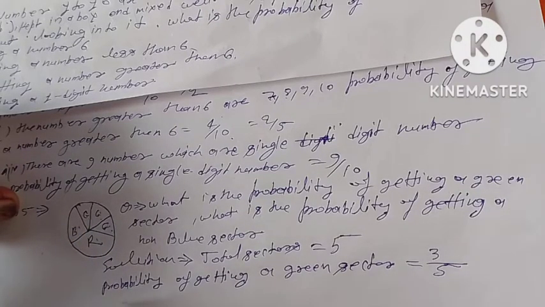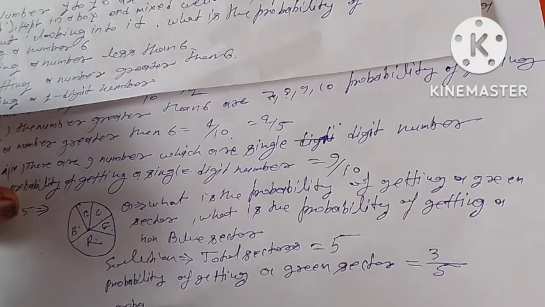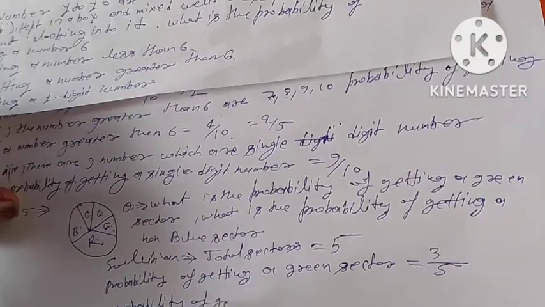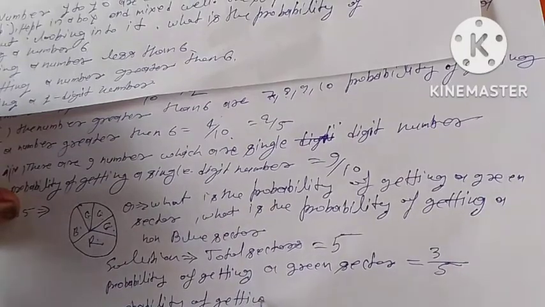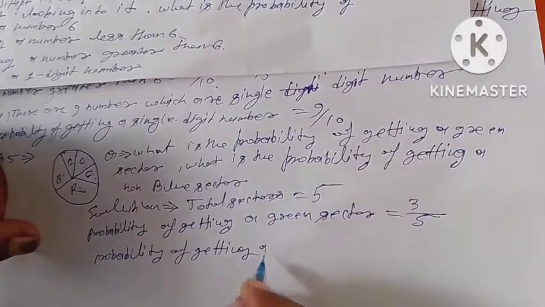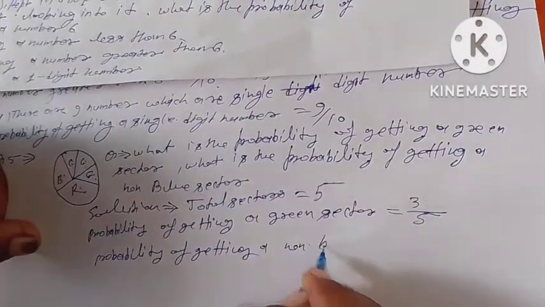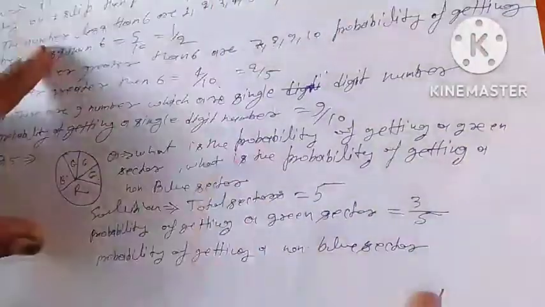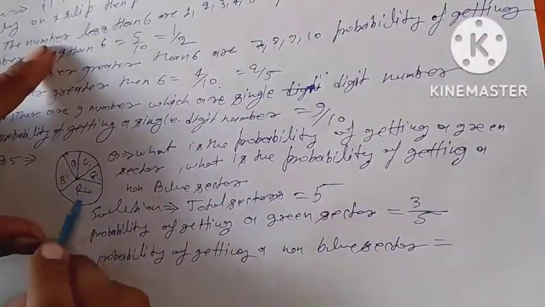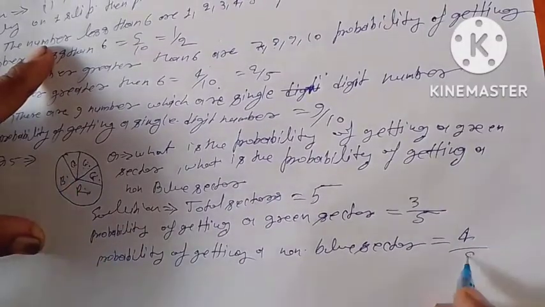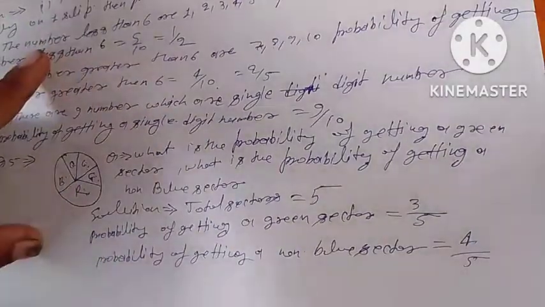Then probability of getting a non-blue sector equal to 4 upon 5.